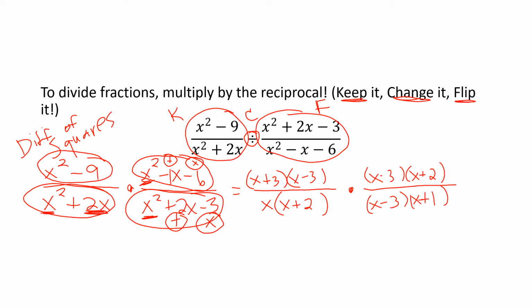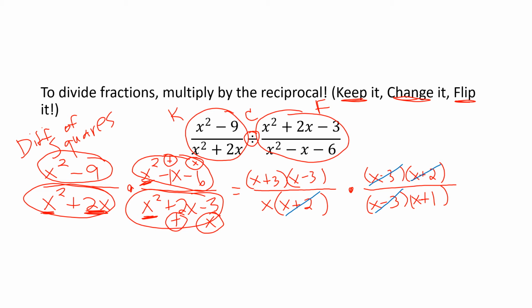So now this is a multiplication problem, but I know I have to simplify, so I'm going to look for anything and everything that could be simplified right now. Fun part, we get to cancel stuff out. Let's see, I see an x minus 3 on top and an x minus 3 on the bottom. I see an x plus 2 on the top and an x plus 2 on the bottom.